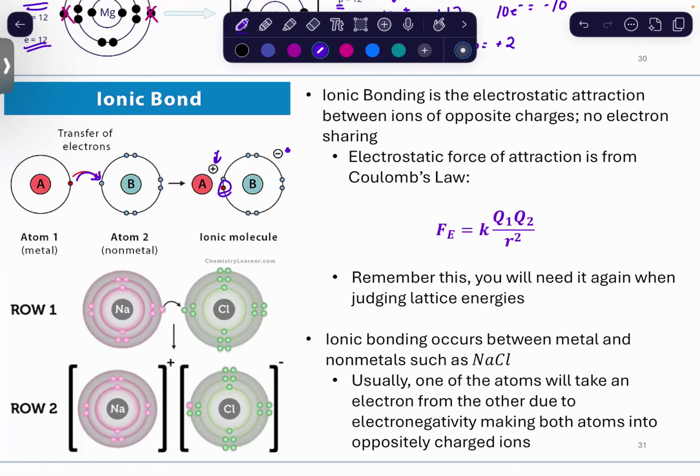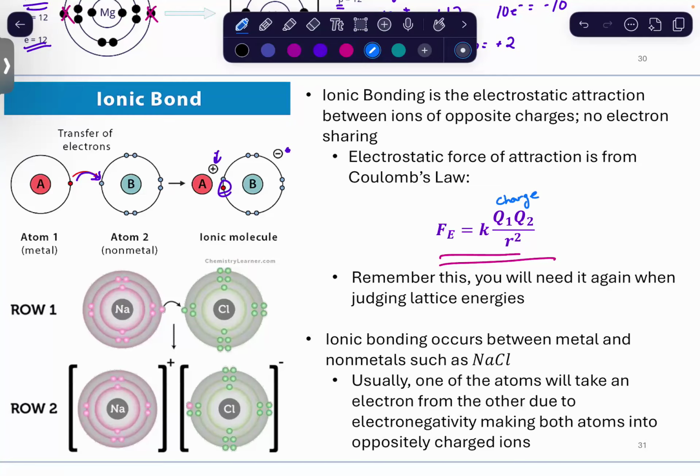That electrostatic force of attraction is governed by Coulomb's law, which you see here. The electric force binding the two ions is going to be k, which is the Coulombic constant, times Q1 times Q2. Q in physics is charge, so +1, +2, that's your charge.